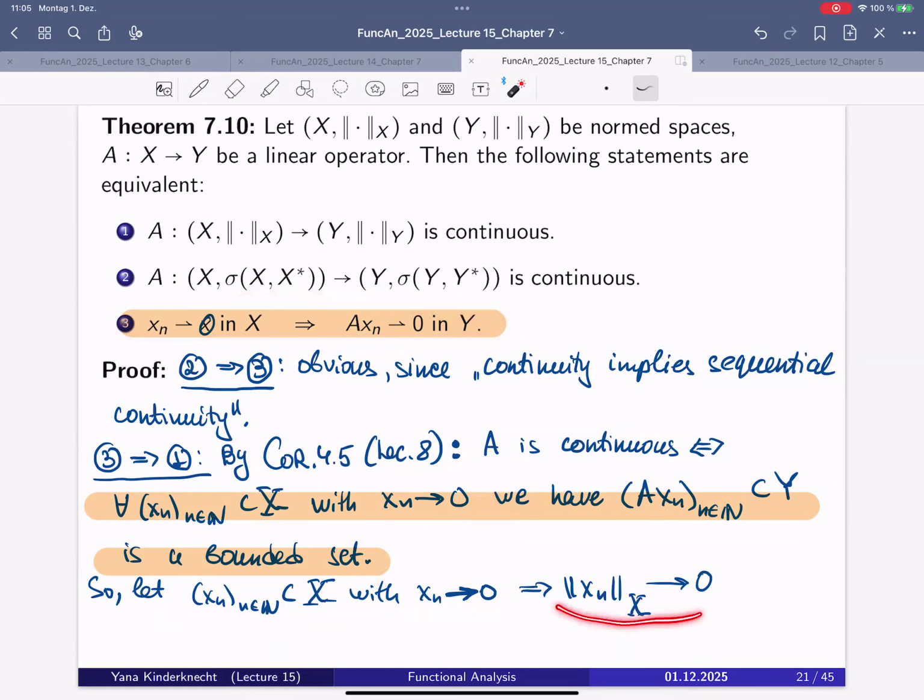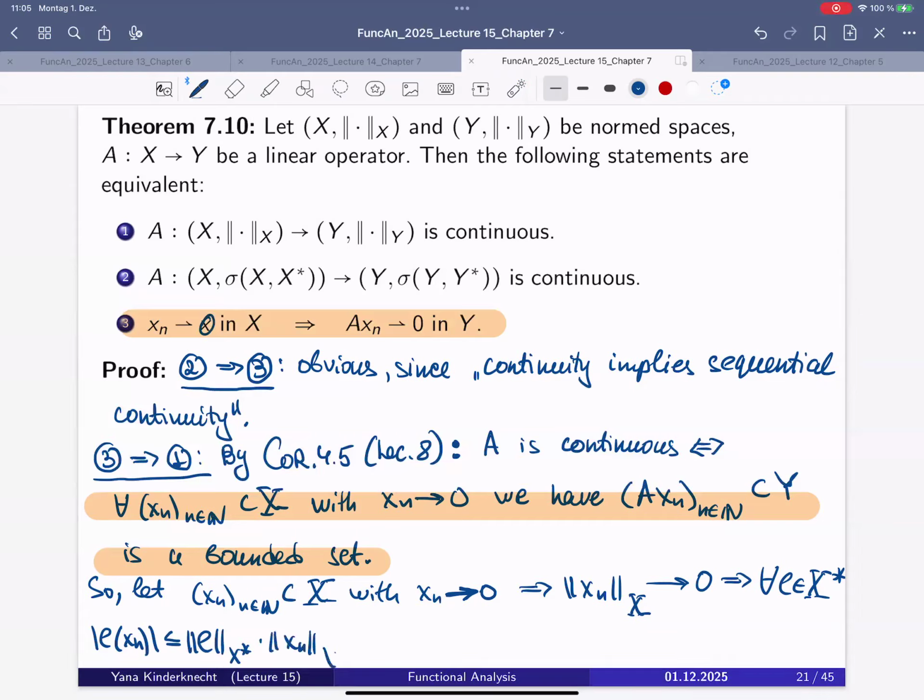So we have such a sequence. Hence, the norms converge to 0. Hence, for any L from the topological dual, we have the following: L of Xn is smaller or equal than the norm of L in the topological dual times the norm of Xn in X. L is a bounded, or continuous, linear functional, so this is fixed and finite.